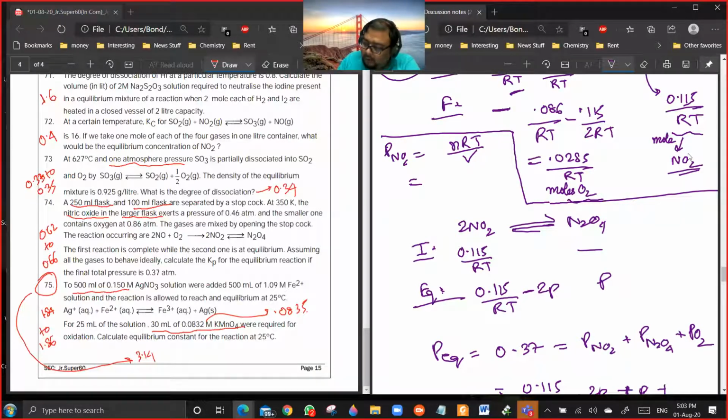So n of NO2 is given to be how much? 0.115 by RT into RT by V, where V is 0.35. So RT will cancel out. It will be 0.115 divided by 0.35. It will be like 0.33 atm. So this is my starting pressure actually.